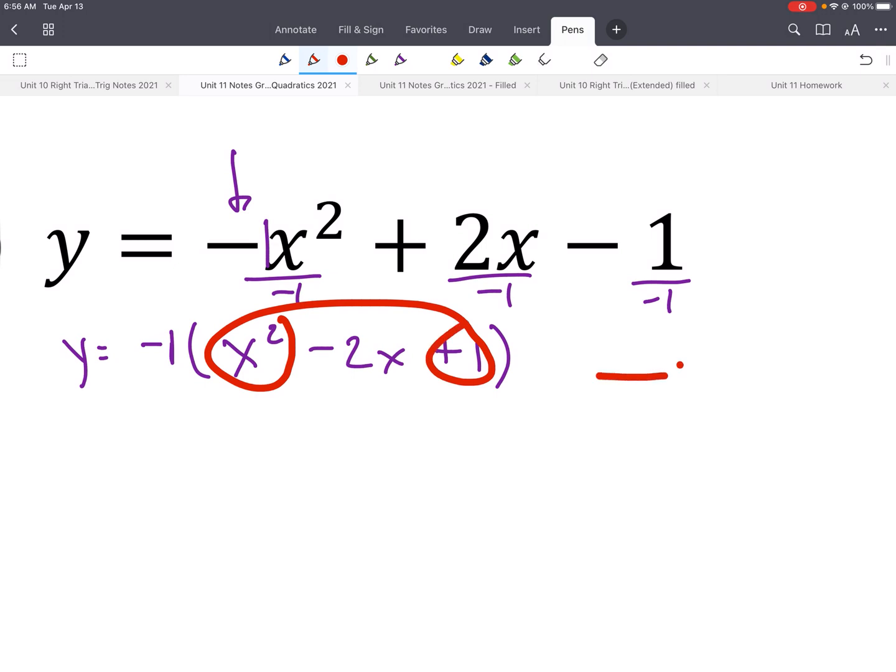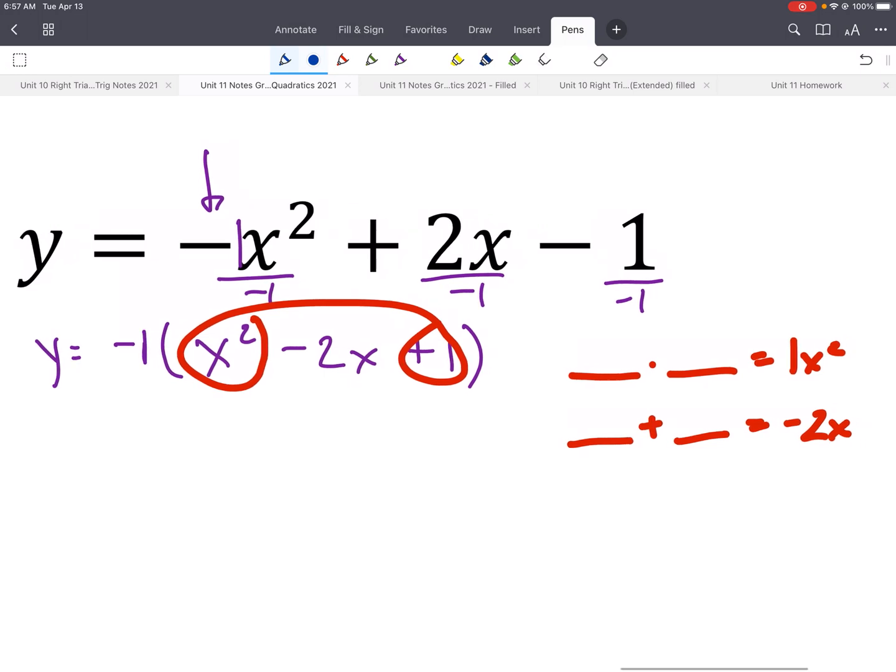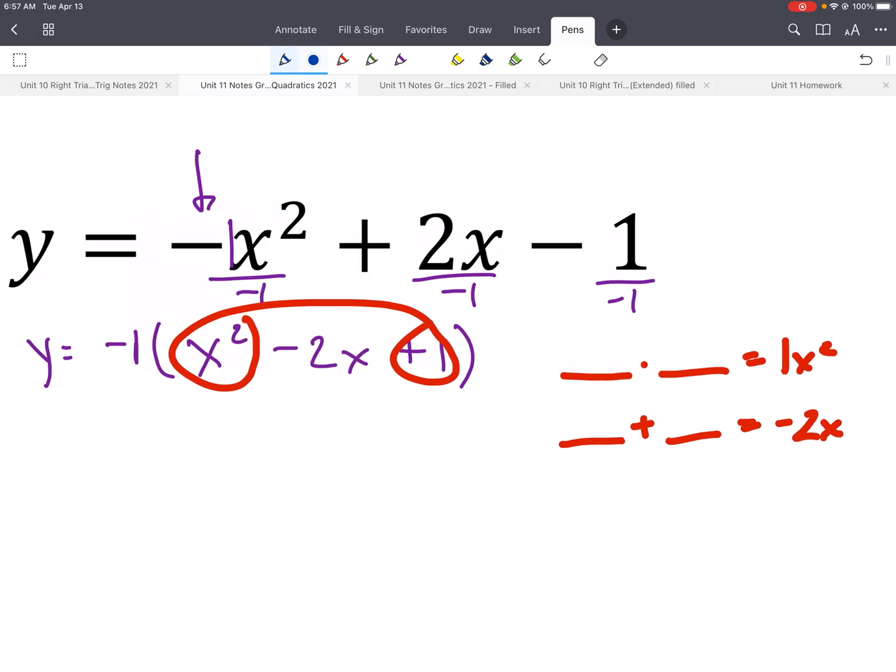So two things that need to multiply to give us 1x squared, and add or subtract to give us a negative 2x. How can you multiply two things to give us 1? Well, it's got to be 1 and 1. But if we look at the signs, this needs to be negative 2, so both of these need to be negatives.